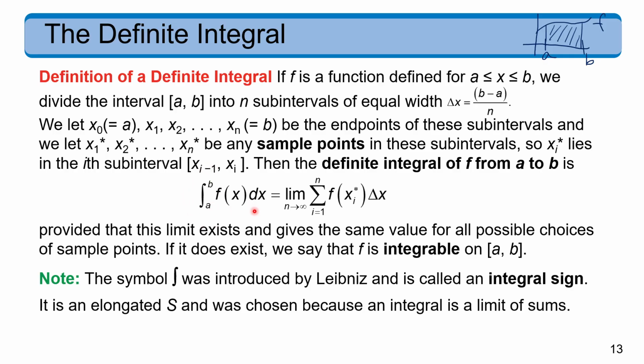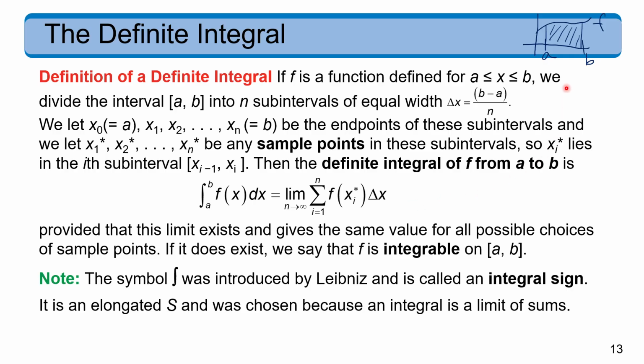The dx comes from here, right? In our calculations, we had this term delta x, which is the width of each subinterval. In the integral notation, we convert the delta to the letter d, so it's dx. Okay, so that's the main point. We're defining this definite integral using this notation to have the formula we derived earlier for the area below the curve. Now let's go through all the details.